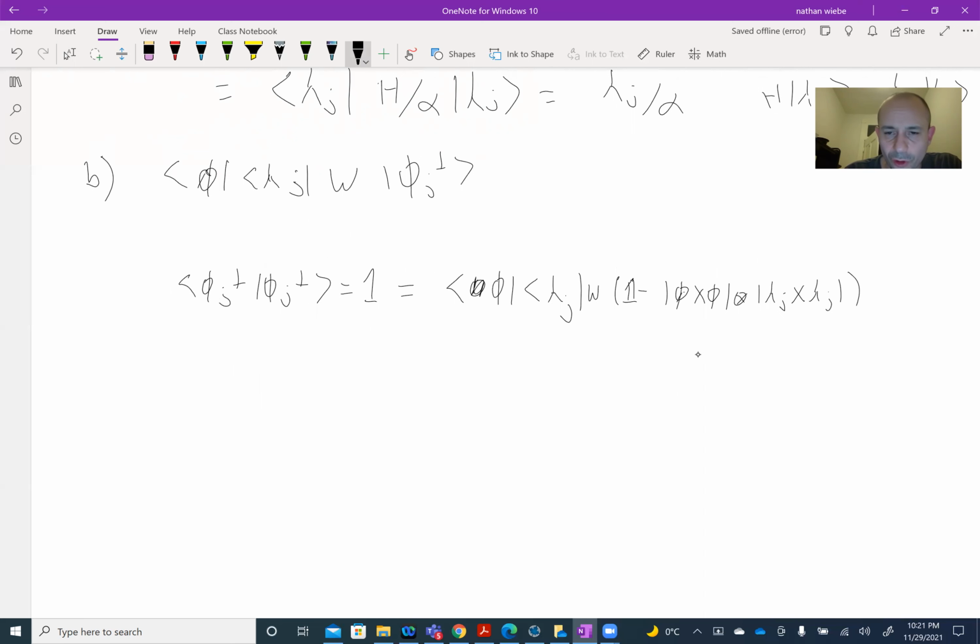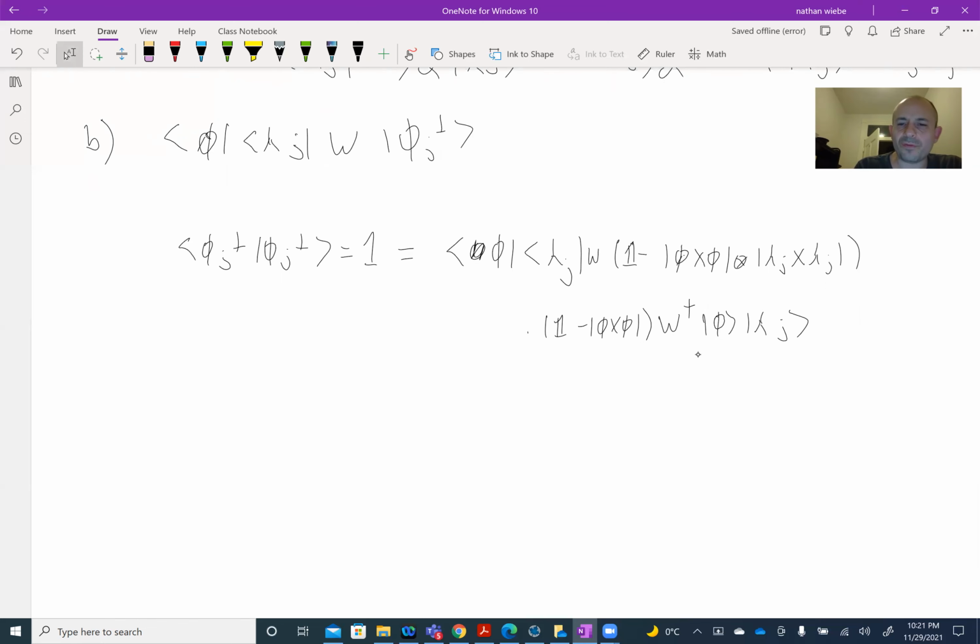Now, the next term that we get is just the definition of phi j perp. So all of this is going to be multiplied by the projector onto the state phi times W adjoint acting on phi lambda j.